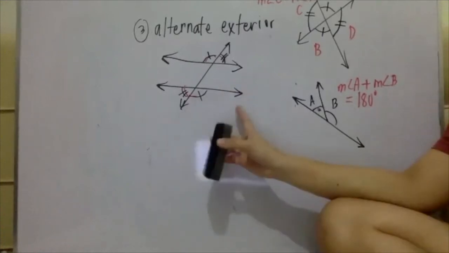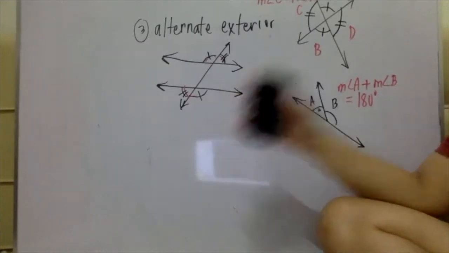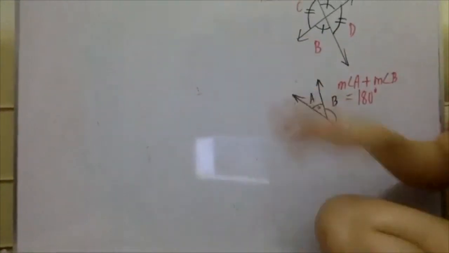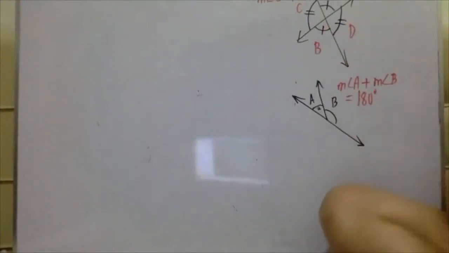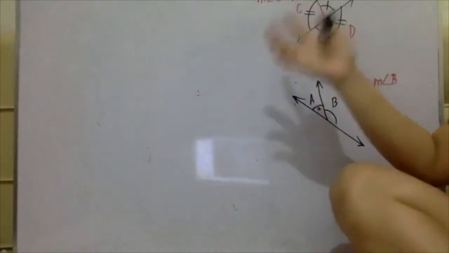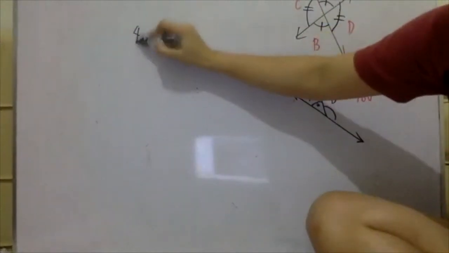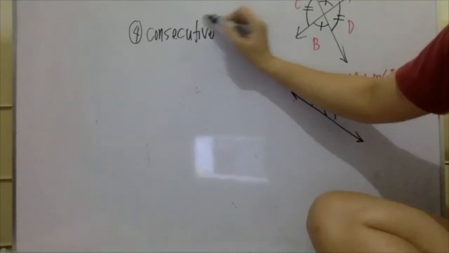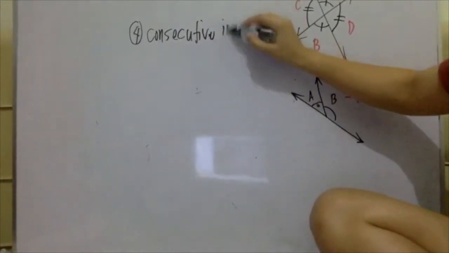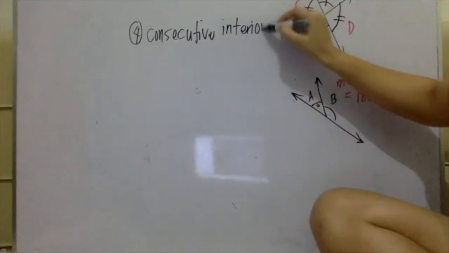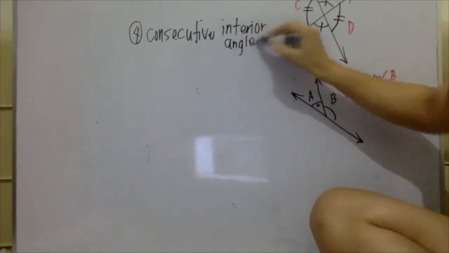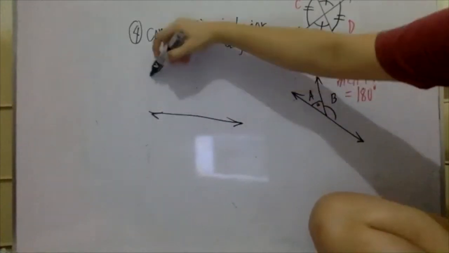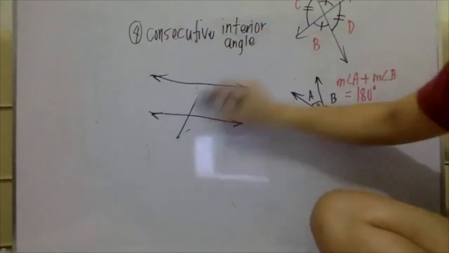Okay. So, maliban dito sa mga congruent na angles natin, meron naman tayong supplementary angles or linear pairs. Well, yung iba supplementary, yung iba linear. If we have consecutive interior angles, ang sum ng angles nila would be equal to 180.